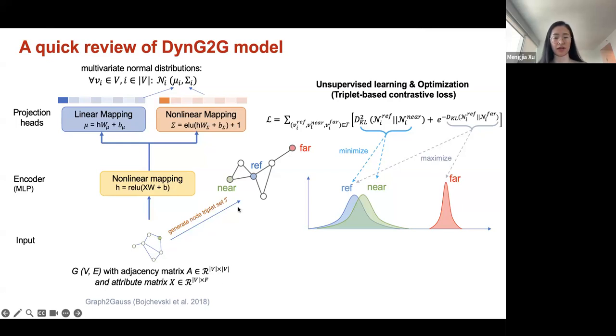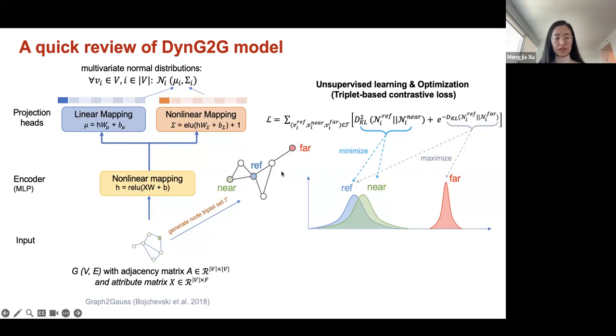Based on k-hop neighboring, we sample for each graph node several hops of neighbors, like 1-hop neighbors of node i, and also 2-hop neighbors of node i, and so on. Then we can set the k value. Considering the computational cost, we usually choose k equals 2.